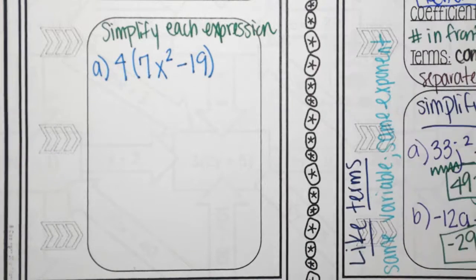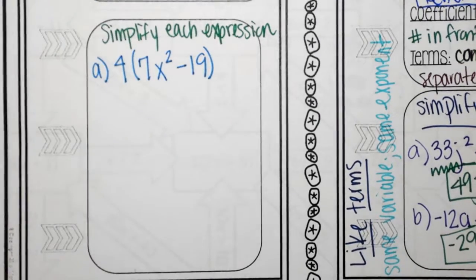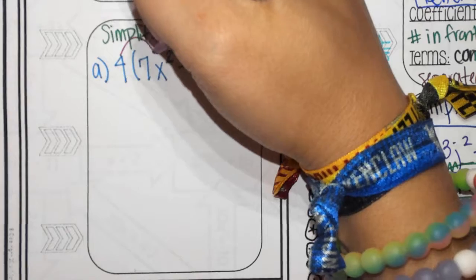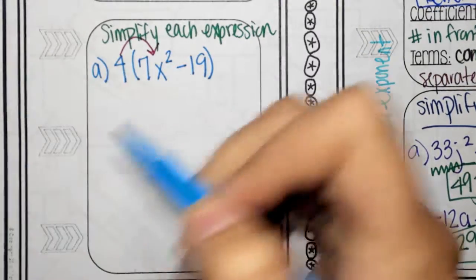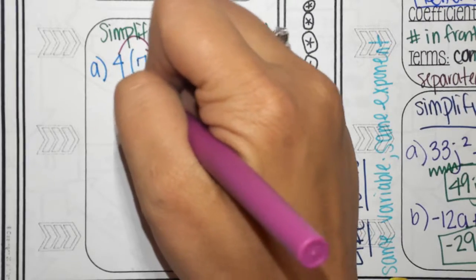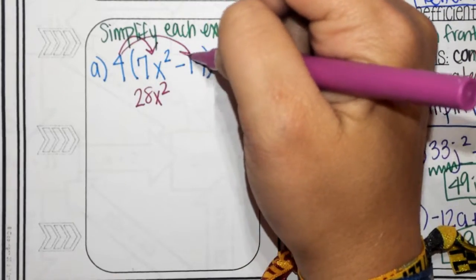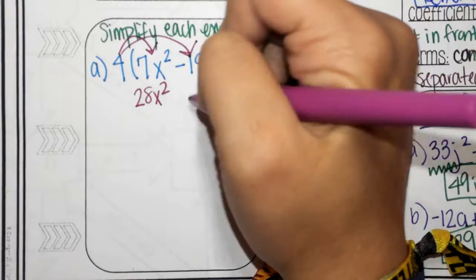There are no like terms in the parentheses, so we distribute. Is everybody ready? 4 times 7x squared is 28x squared. Then 4 times negative 19 gives negative 76.